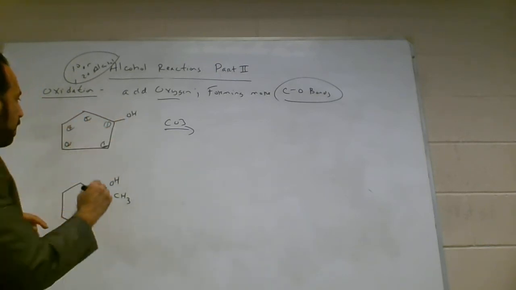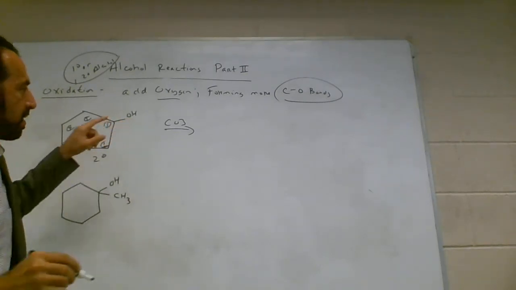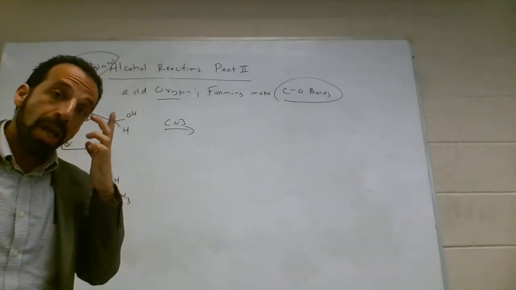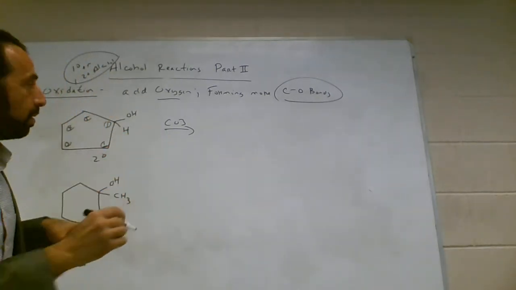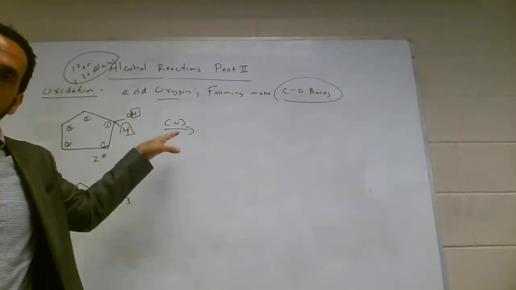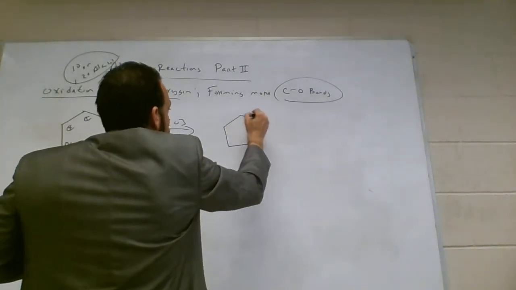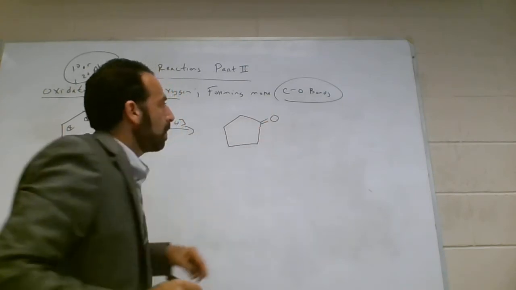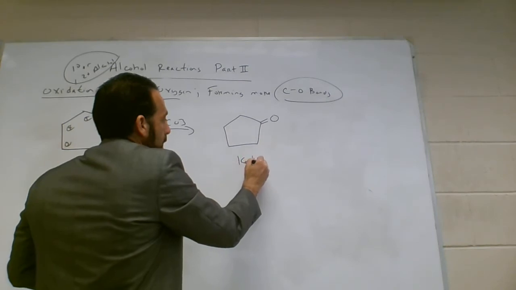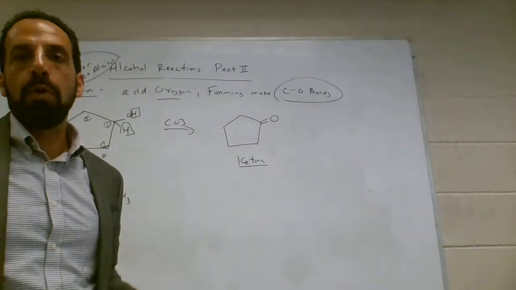So I know it's a secondary alcohol. Now notice that one bond goes to OH, so it has a hydrogen here. Even though we don't put the hydrogen there, there is a hydrogen there, and so it's going to undergo oxidation. It loses this, it loses that, so it's going to form a double bond with the oxygen. So basically, we form a ketone, and then we're set. So secondary alcohols form ketones.